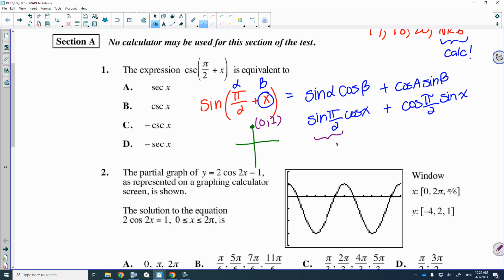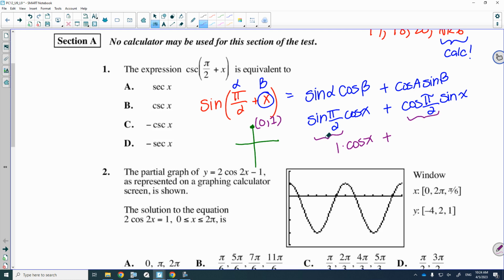So that is 1 times the cos of x plus the cos of pi over 2 is 0 times the sine of x. What we are left with, 0, anything times 0 is 0. So this eliminates. And we're just left with 1 times the cos of x, which is equal to the cos of x.